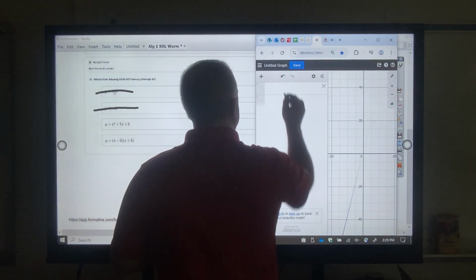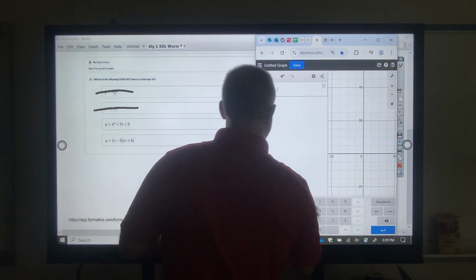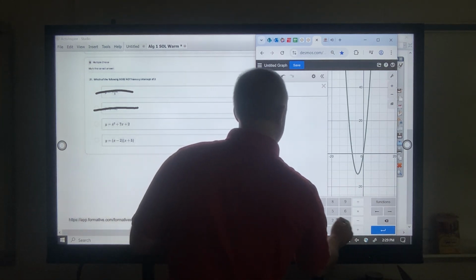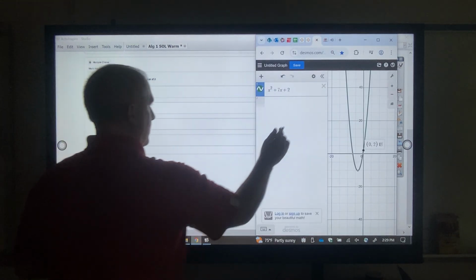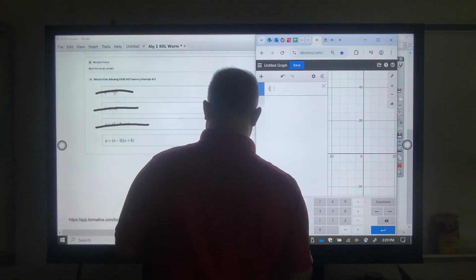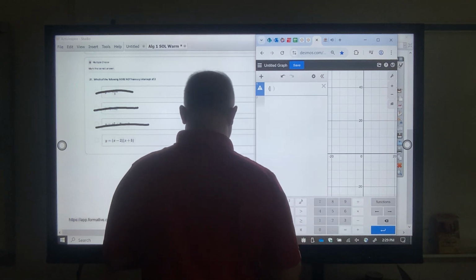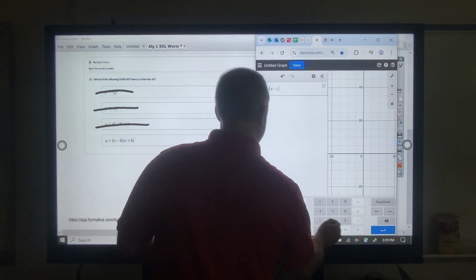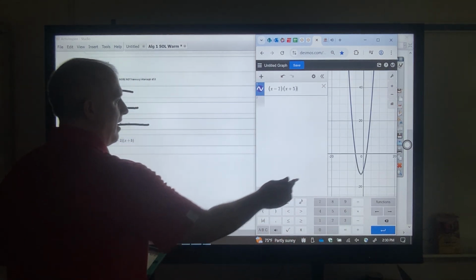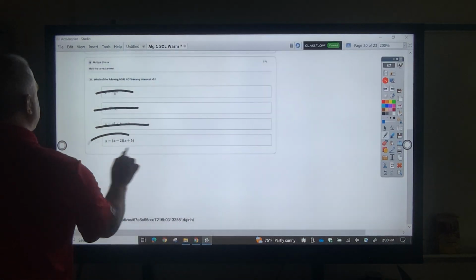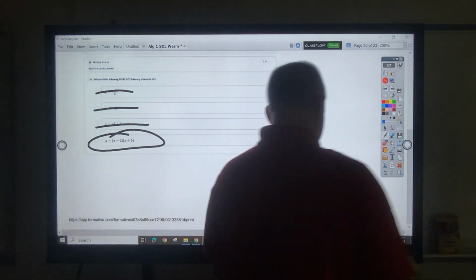Okay, x squared plus 7x plus 2. Y-intercept of 2, that one's out. It's got to be this one. You'll see. Okay, that y-intercept's all the way here. So that's my answer for that.